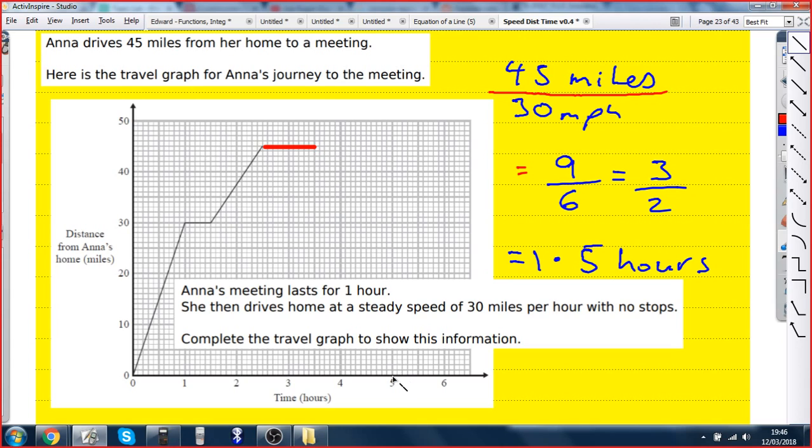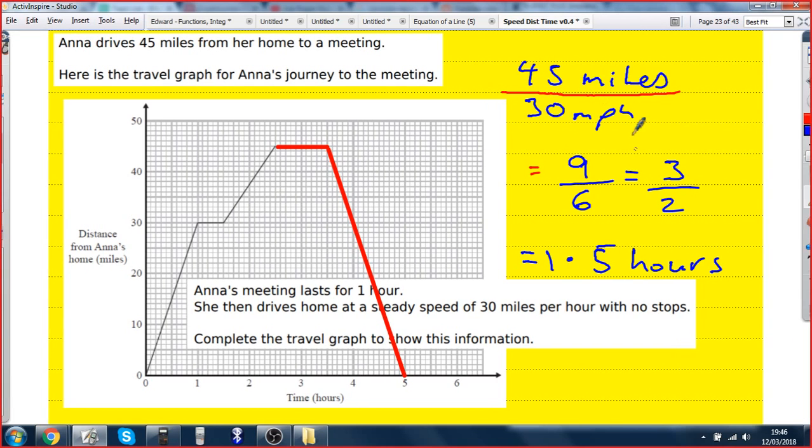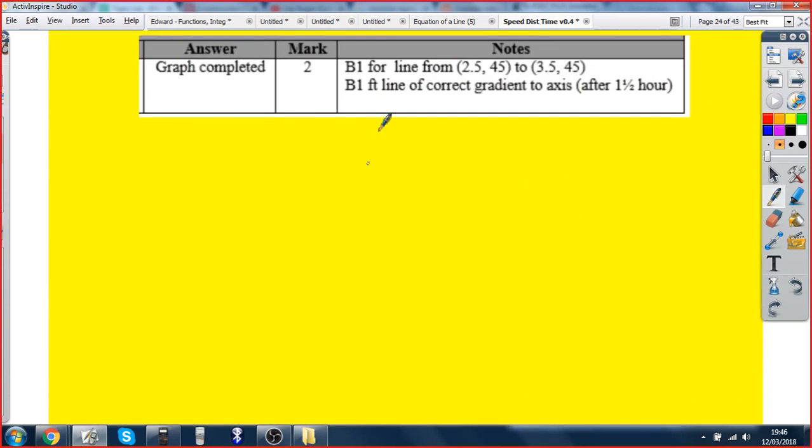That's it. And so for this one, in order to complete the graph, you had to use the distance, speed, time formula to figure it out. Yeah, any questions about that? No. Okay, so it's just something to get used to. Graph completed.